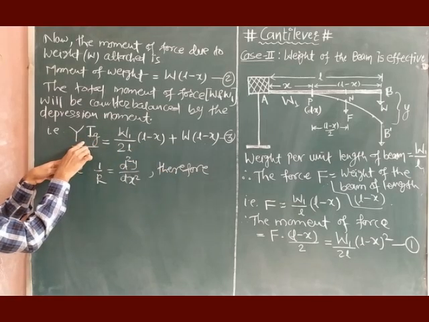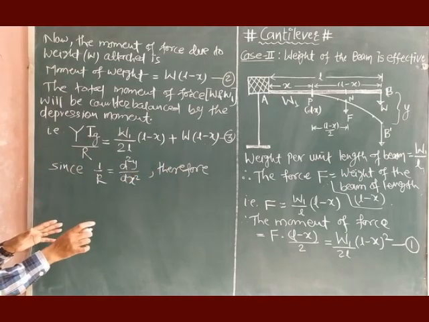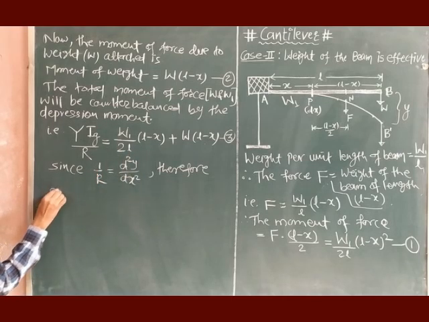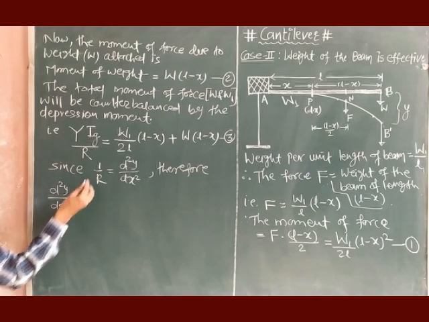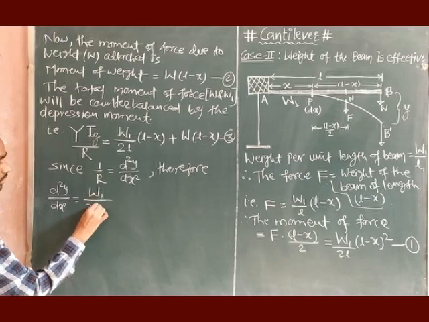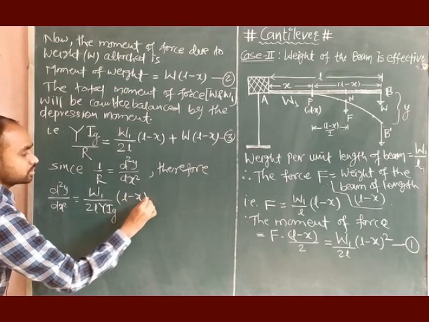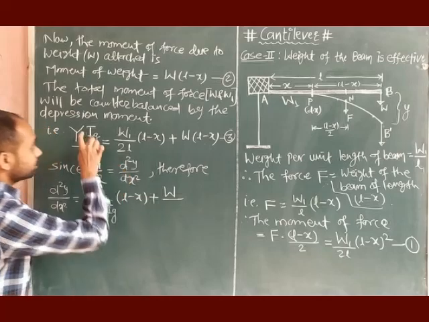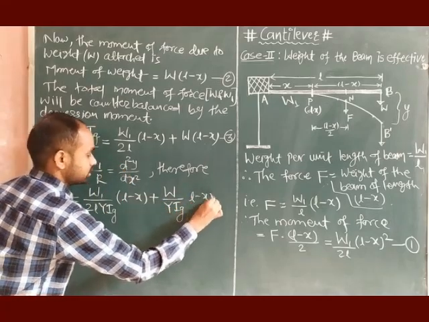So on the left hand side they are in the numerator, after going to that side they will be in the denominator. So 1 by R, let me write directly, that is d2y divided by dx square is equal to W1 divided by 2L Yig (L minus x) square plus W divided by Yig (L minus x).